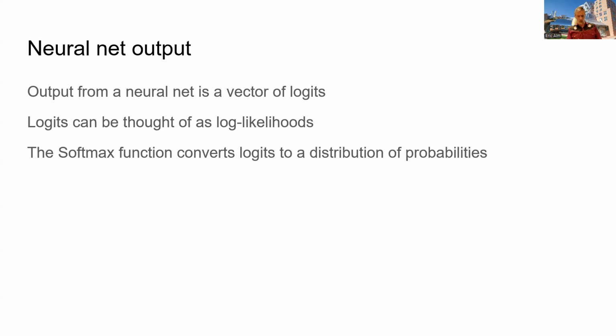So what we generally do when we have an output of logits is we use the Softmax function, which converts logits. I like to think of everything in the intermediate layers, everything in my neural network where I'm applying these linear transformations, as logits, having the units of log likelihood, and Softmax converts those to probabilities.